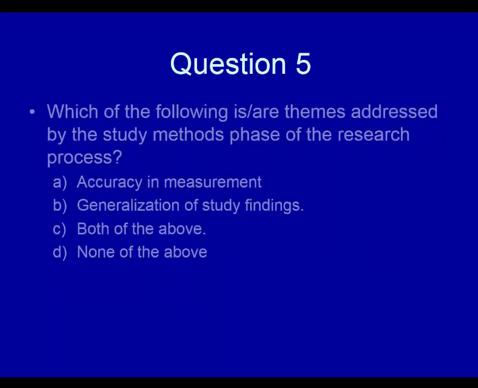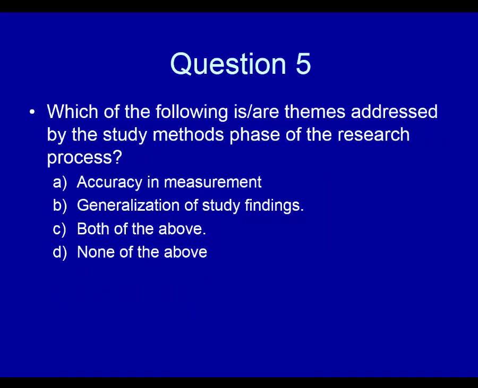Here's question 5. The study methods section of your report will give some information about the credibility of your study. How did you go about finding data, and is this a credible way so that when I read your study, I'm going to have confidence that your study results are meaningful, accurate, something I can depend upon, and so forth.